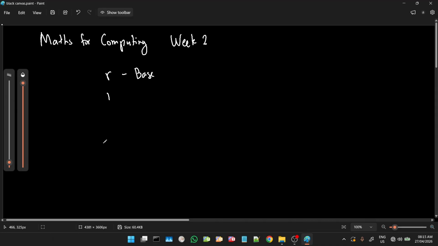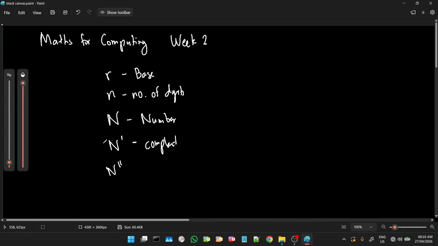We have N, which represents the number of digits, and we have, sorry, N, which represents the number which you're trying to complement. N dash is usually its complement, and N double dash is its other complement.